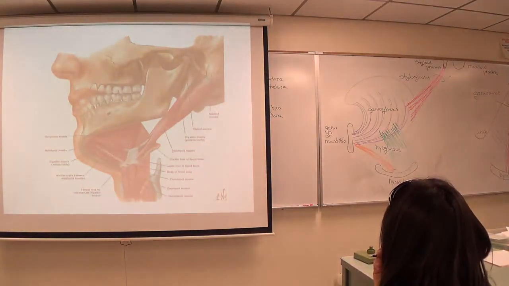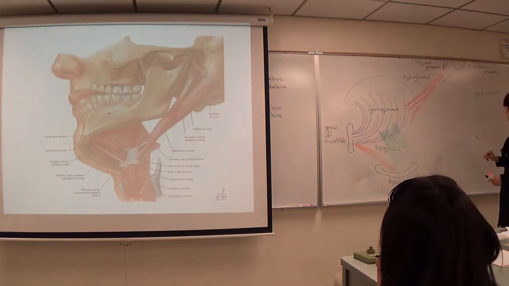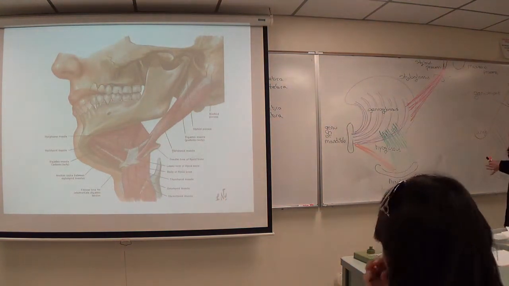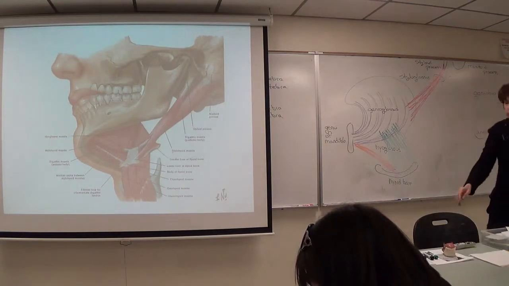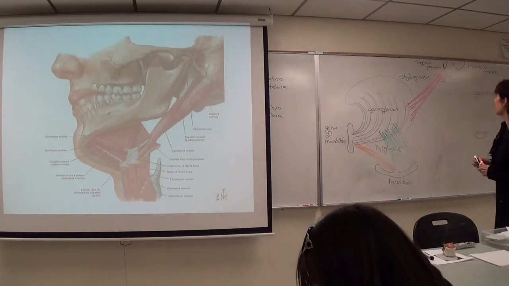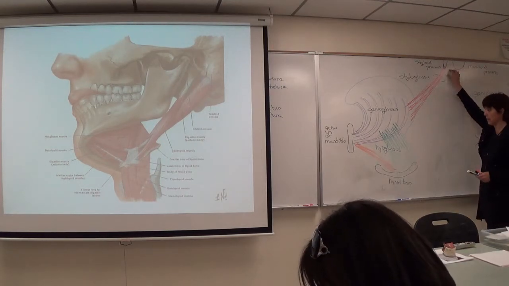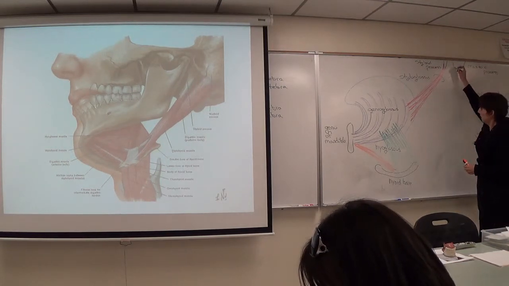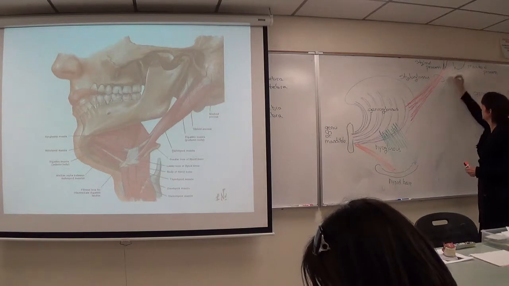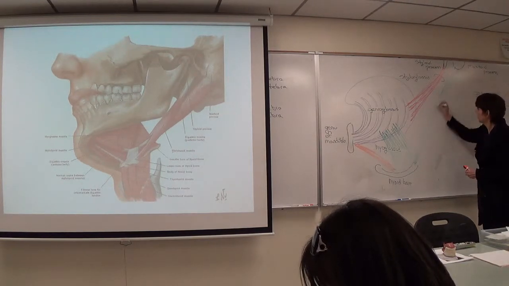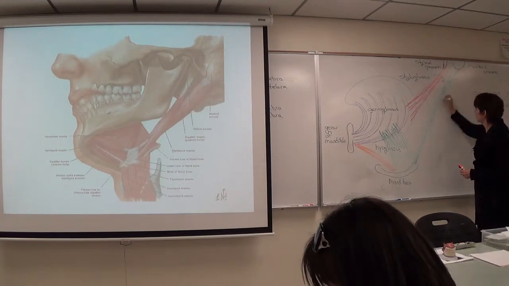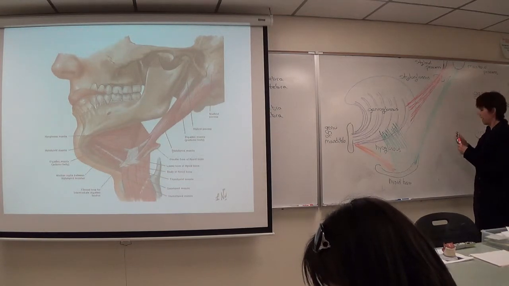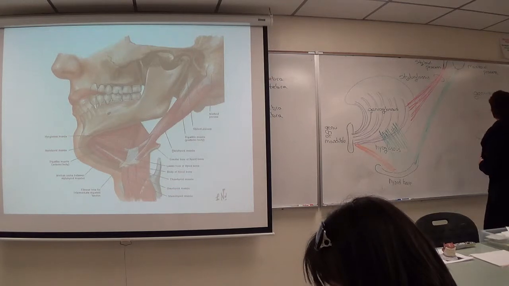All right, so I'll draw it on here and on this one. Let's see. Green. So coming from the mastoid process, coming down to the hyoid, we have the posterior belly of the digastric.